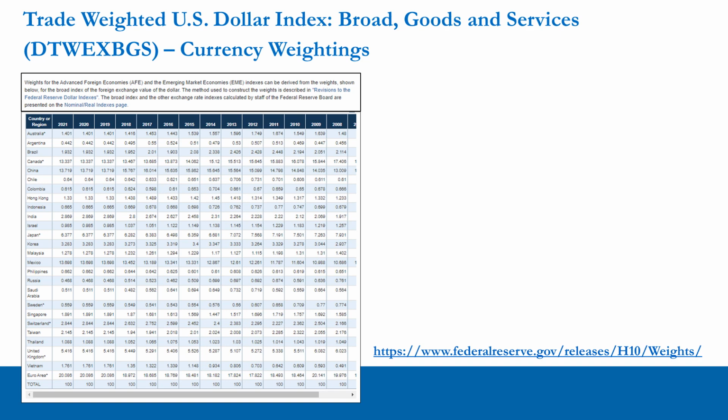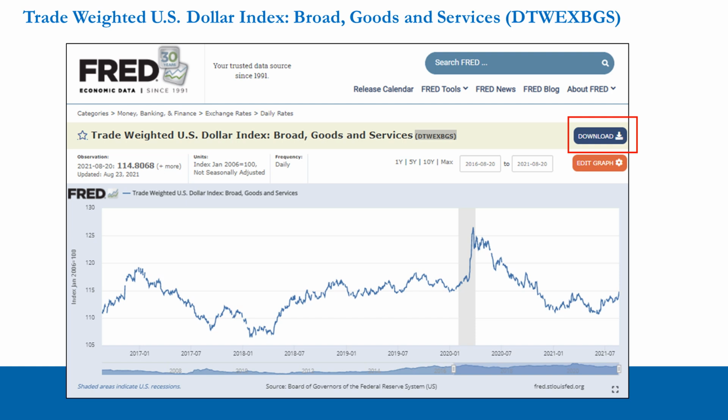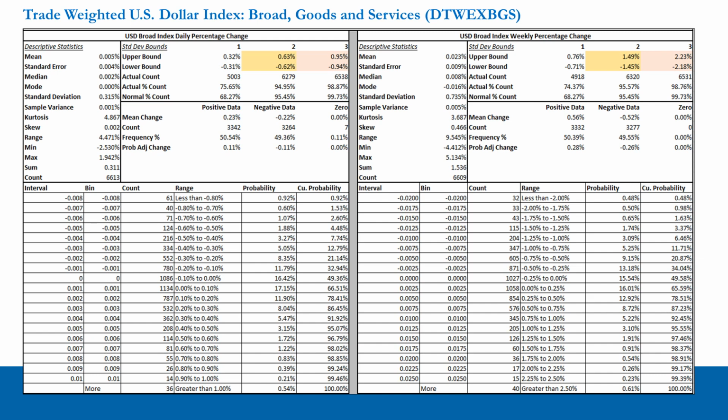And like with our other indices that we've looked at, and we've done this many times now, and you'll have seen this in other spreadsheets, you can go to the FRED website, have a look at, for example, the Broad Index, and you can download the data. And yes, you've guessed it, you can run a statistical distribution analysis, a distribution of returns on the trade-weighted US dollar indices.